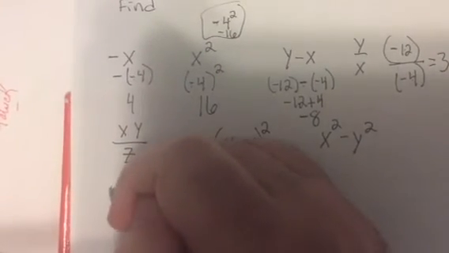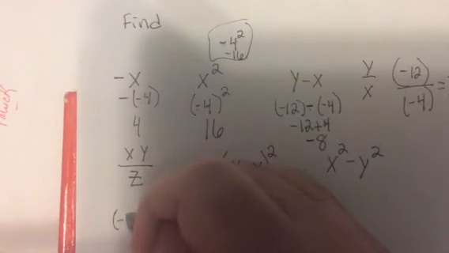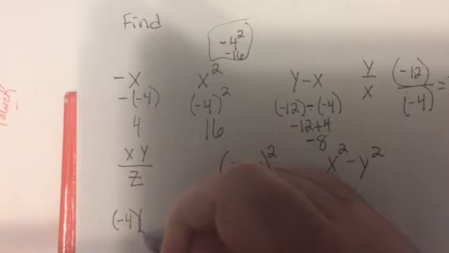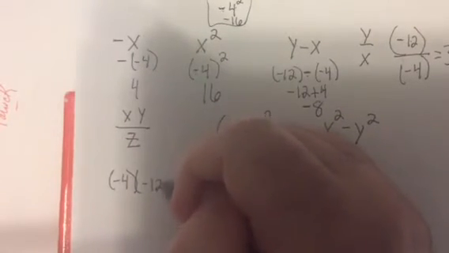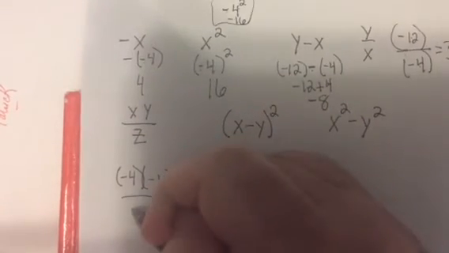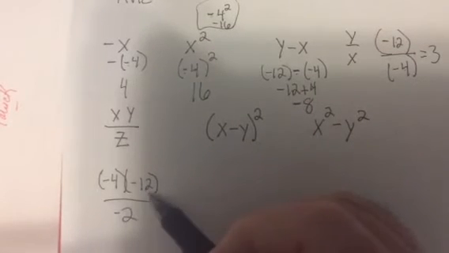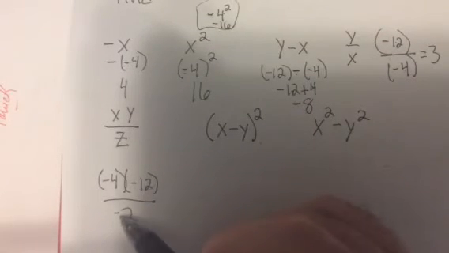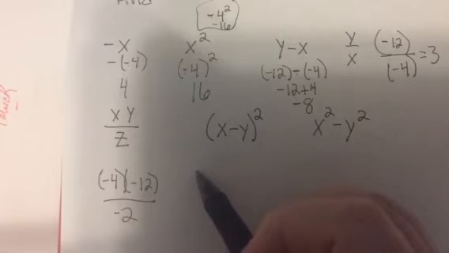So here we have negative 4 for x. We have minus 12 for y. And we have z is negative 2. Now, the rule is, when you're multiplying or dividing, an even number of negatives, even is like 2, 4, 6, 8, is a positive number because you went over to the negative and came back.